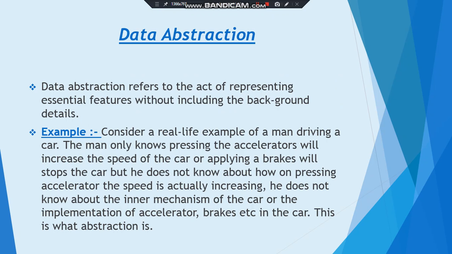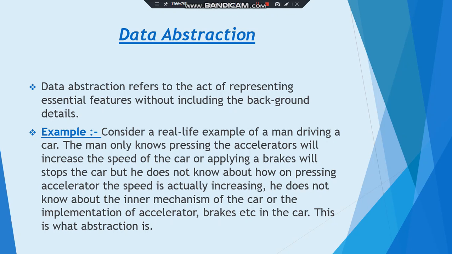Data abstraction. Data abstraction refers to the act of representing essential features without including the background details. That is, showing only the essential features of the application and hiding the details. For example, consider a real-life example of a man driving a car.